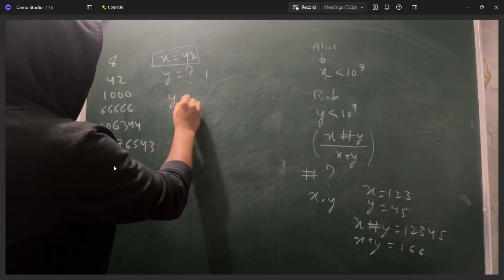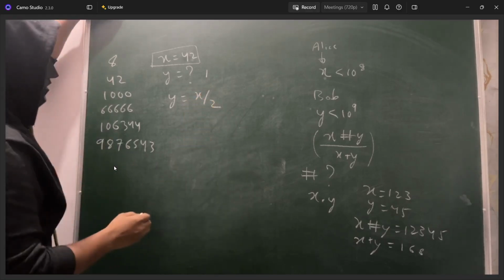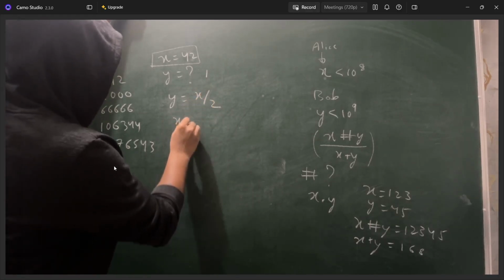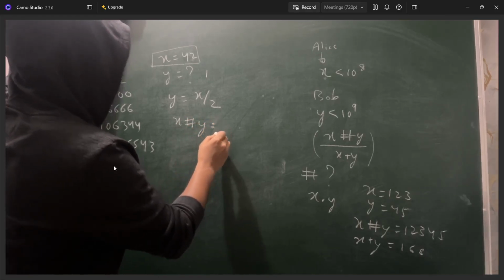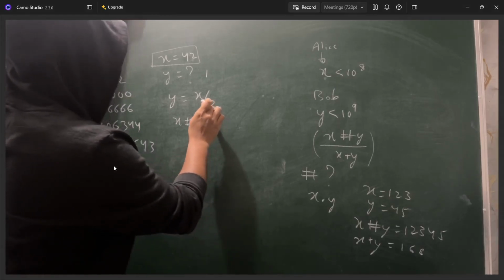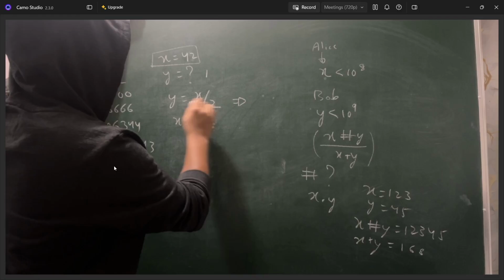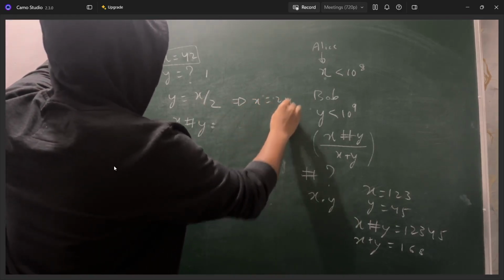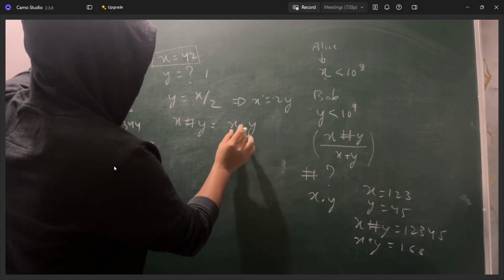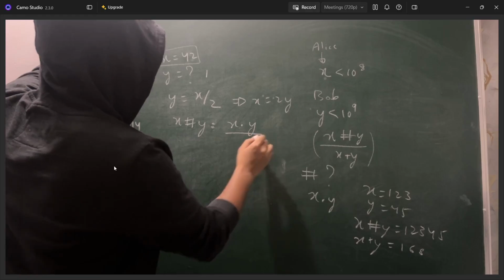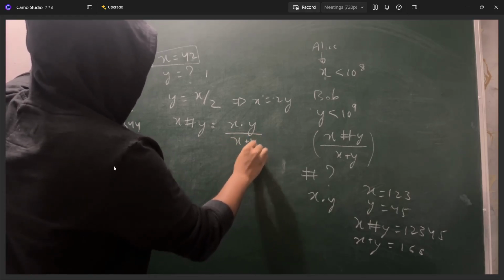So whenever y is equal to x by 2 you are taking, it means your x hash y will be in the form of, if you take this equation, your x will come as 2y. So since it will be in the form of concatenation, right? X y will be in this form, and downwards you're doing x plus y.